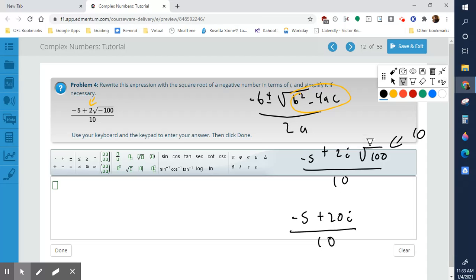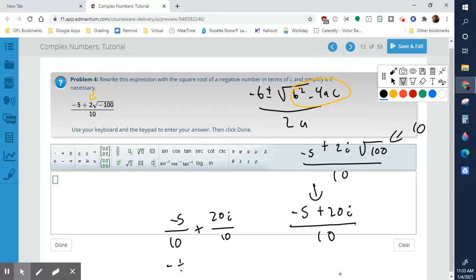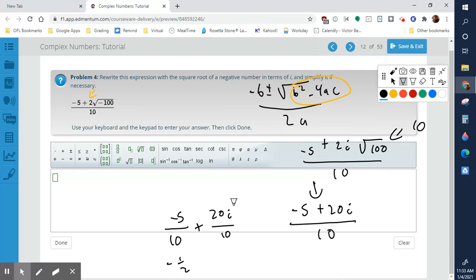So what this ends up being is we can split this up because of this positive sign on top into -5 over 10 plus 20i over 10. And this will reduce to -1/2 plus 2i.